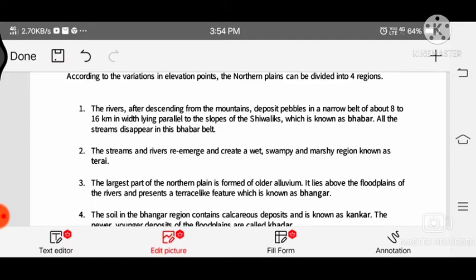First point, the rivers after descending from the mountains deposit pebbles in a narrow belt of about 8 to 16 kilometer in width, lying parallel to the slope of the Shivalik, which is known as Bhabar.